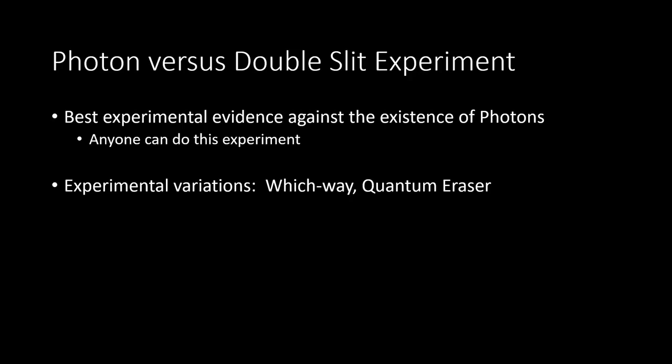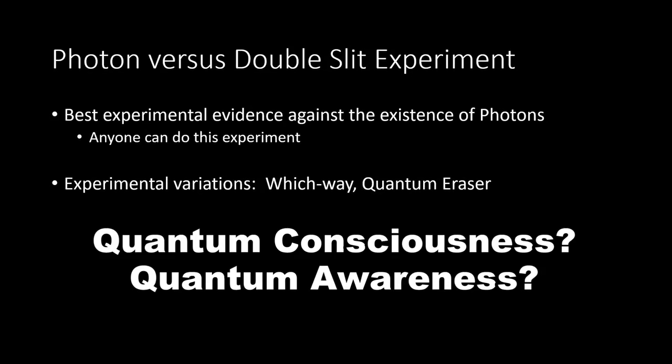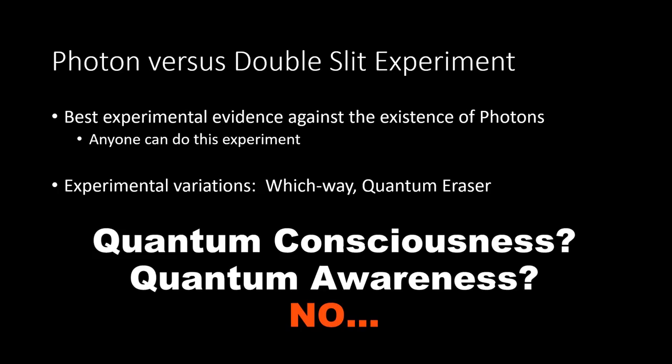So if you try to measure which slit the photon passed through, then that will collapse the photon's quantum state superposition. It makes sense because somehow photon particles of light know when they're being measured. Yeah, sure. Right. This is confusing because it's wrong.